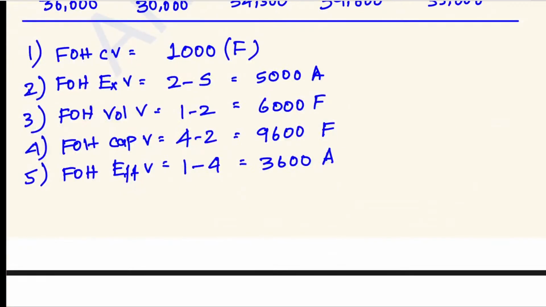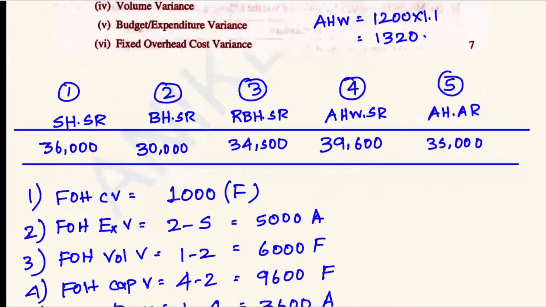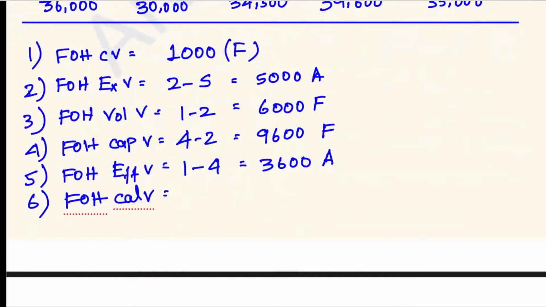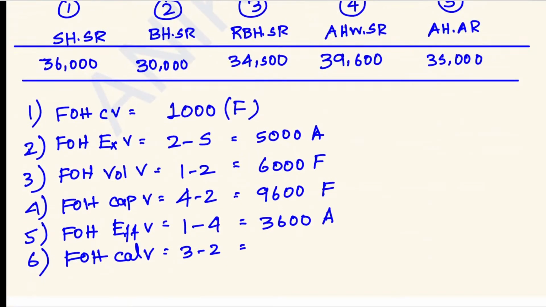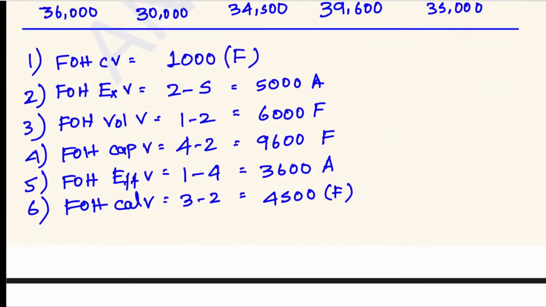Last one, calendar variance. Calendar variance is RBH minus BH. That means 3 minus 2. 4,500 favorable. Seventh one also we will calculate.